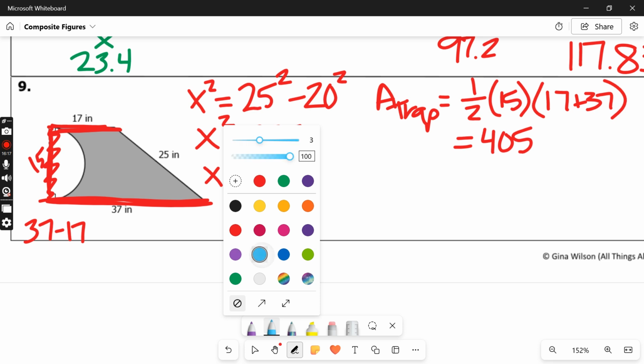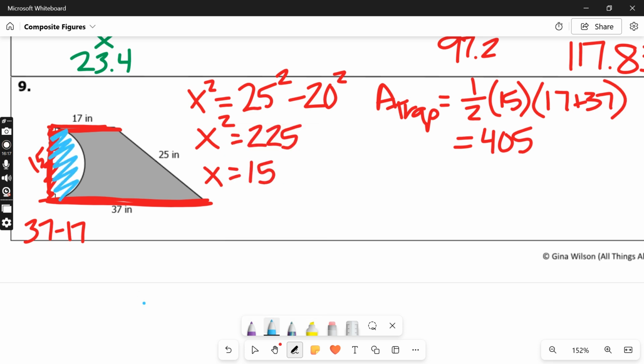The next thing I need to do is I need to find the area of this half circle. That's right here. So since it's half of a circle, it's going to be 1/2 pi times our radius squared. Now our radius is only half of this. That means it's half of 15. So half of 15 is 7.5.